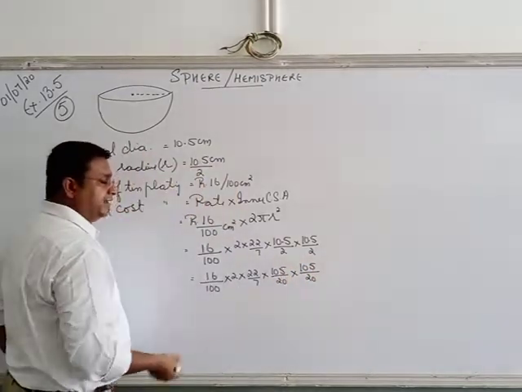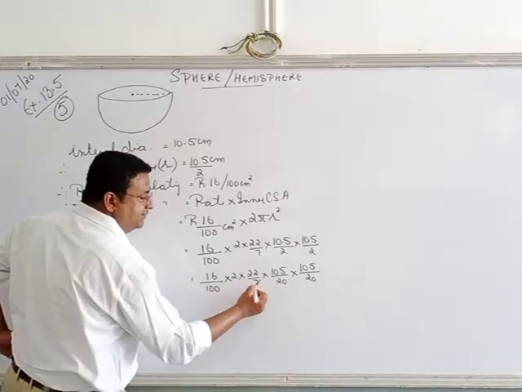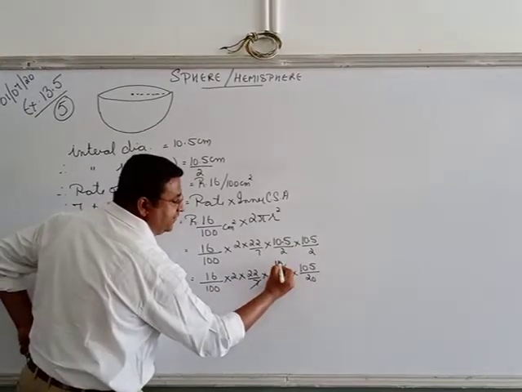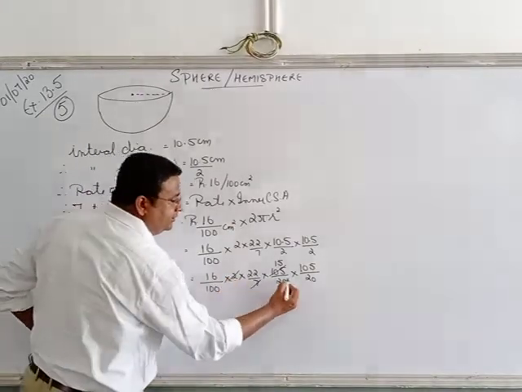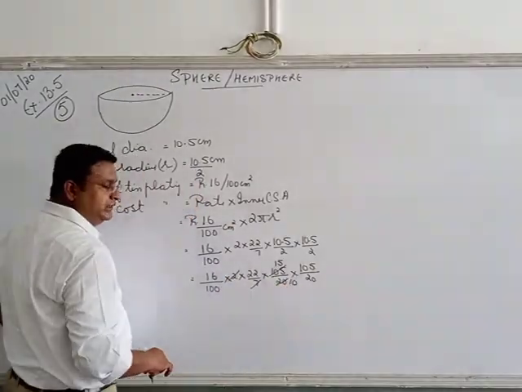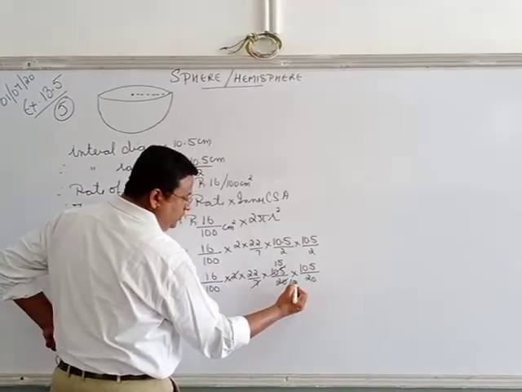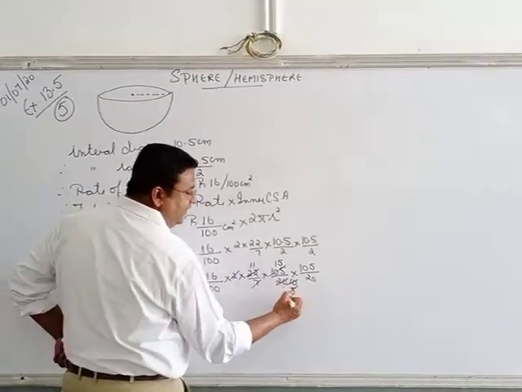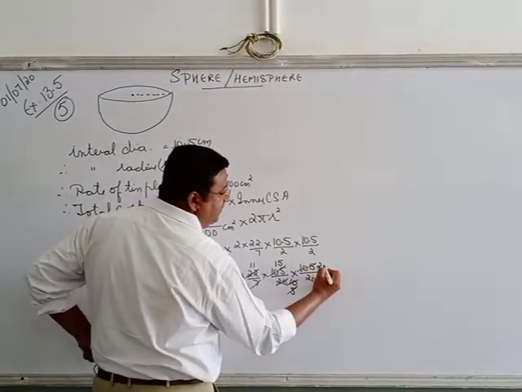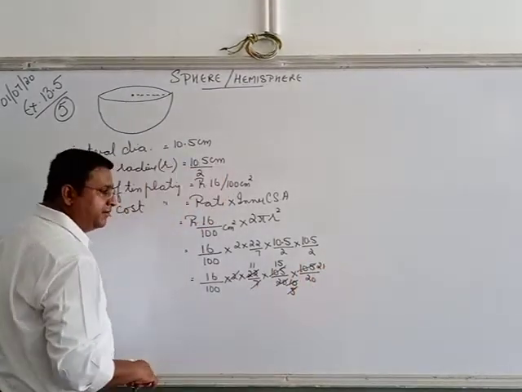Remove the decimal. Can we do the calculations? 7 ones are 7, 7 5s are 35. Yes, 2 ones are 2, 2 tens are clear. 5s are, 2 11s are, 5 ones are 5, 2s are 10, 5 ones are 5. Right?